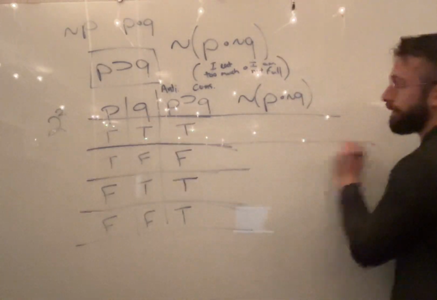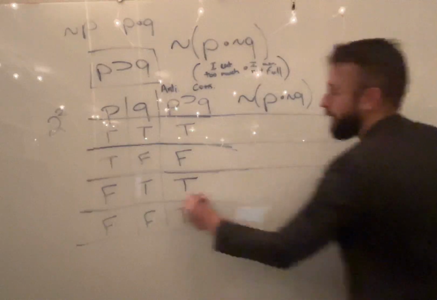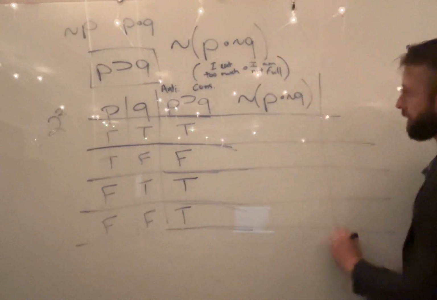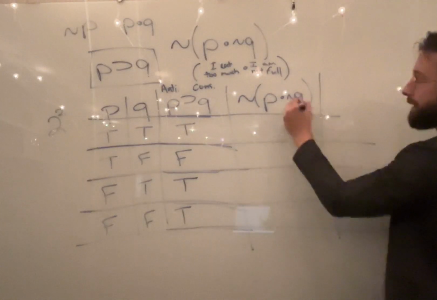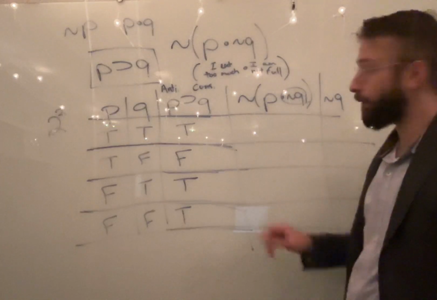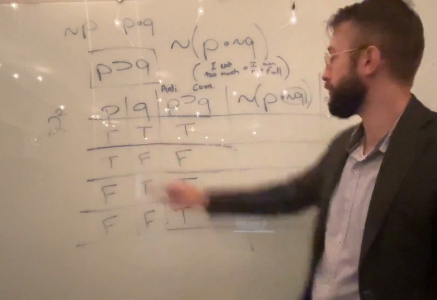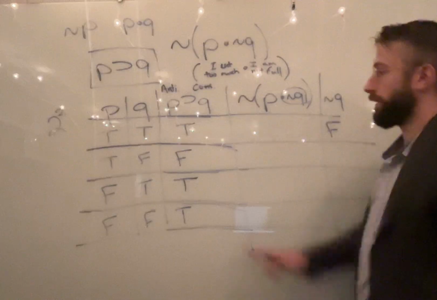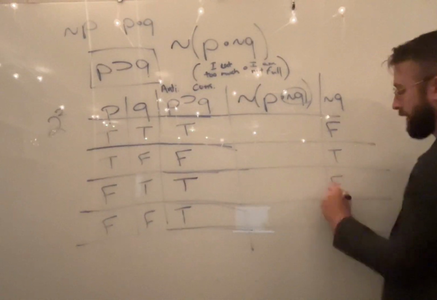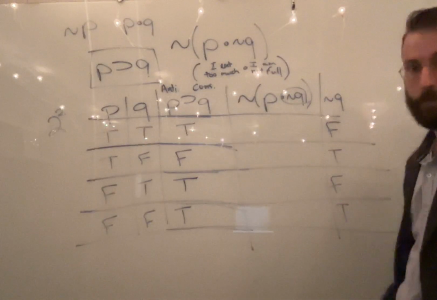I'm going to jump ahead so that we can continue with the same truth tree diagram. We'll say not Q. We're interested in figuring out what not Q is. Remember, we just look over at Q, and where it says true, we write false. Where it says false, we write true. Okay?